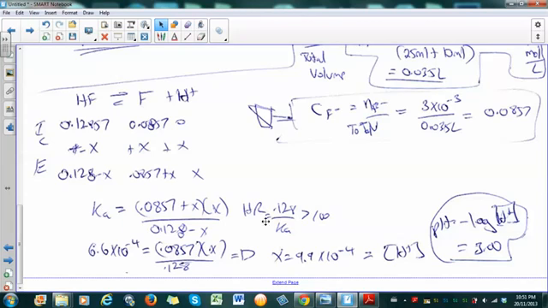With the 100 rule, you'll notice it's greater than 100, so it becomes 6.6 times 10 to the negative 4 equals 0.0857 over 0.128 times x on the top. If you do that calculation, you should get x equal to 9.9 times 10 to the negative 4, which is the concentration of H plus, and pH is just the negative log, which is 3.00.